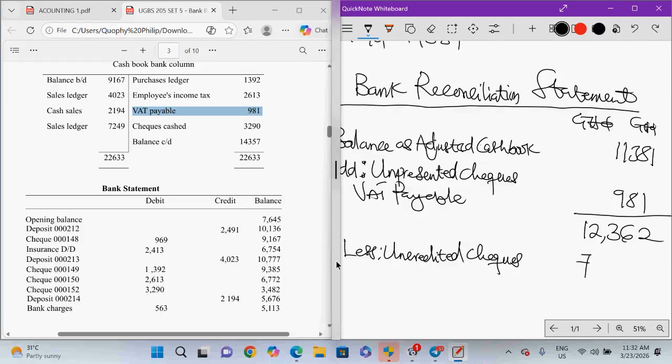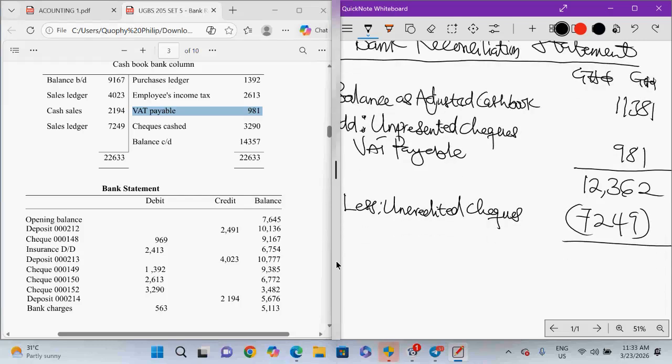So that would be our 7249. That is our uncredited. So this is a simple question, but if you don't know how to interpret it, it becomes difficult. So what will be our balance as per bank statement?